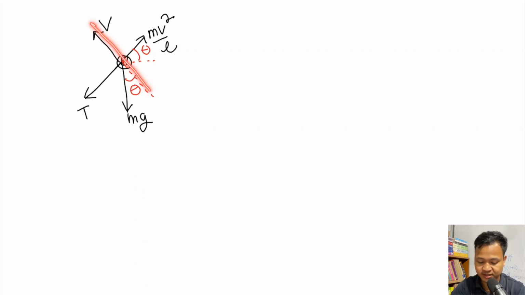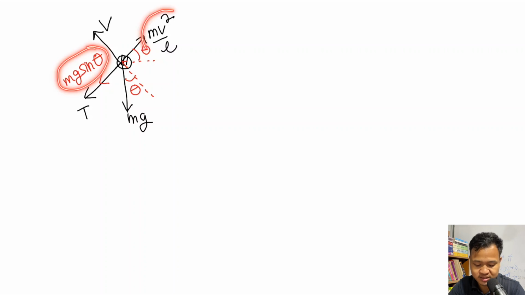Along the axis perpendicular to the motion, the net force is 0. So the component of m g is m g sine theta. When the string becomes slack, the tension is 0.